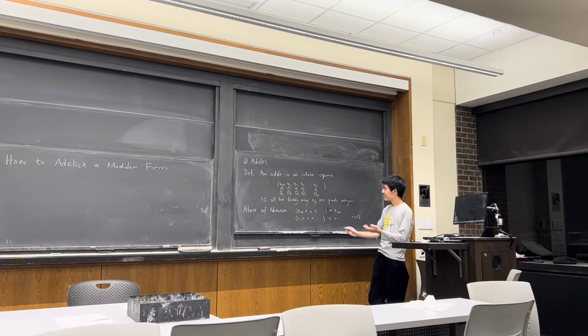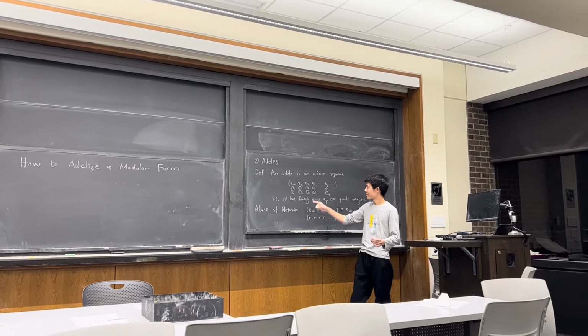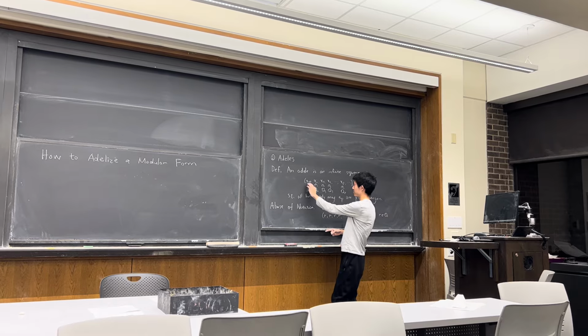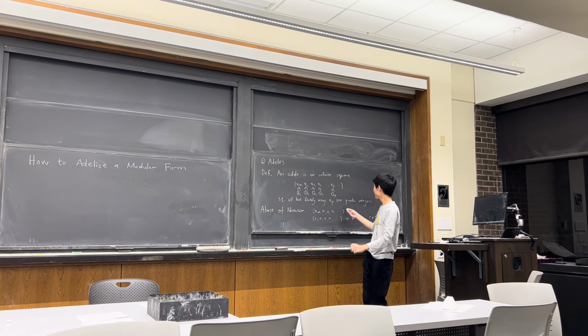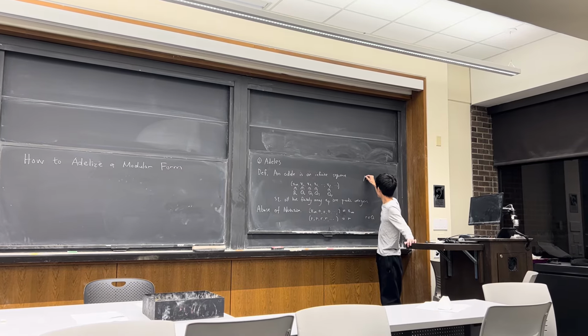Okay. These Adeles can be added and multiplied and subtracted term by term. So you just do the operations on every single term independently. And the ring of Adeles, they form a ring, is denoted A.